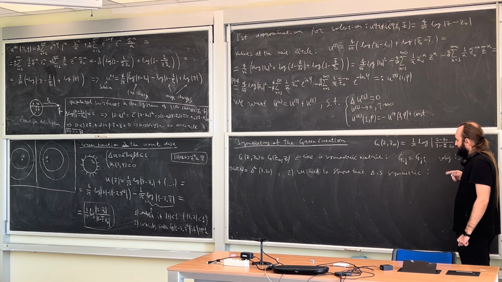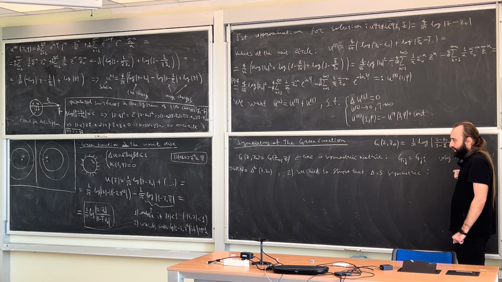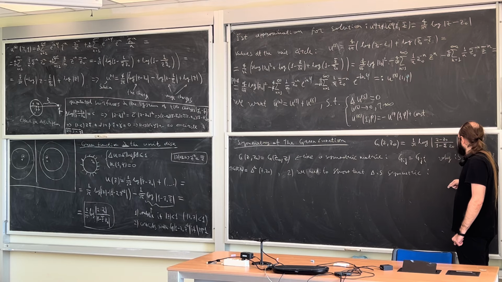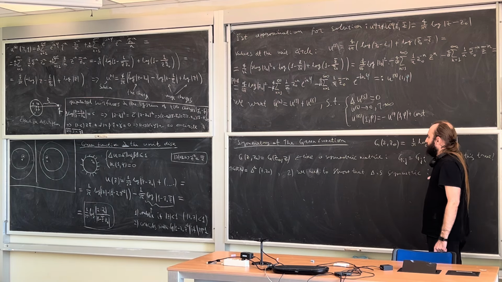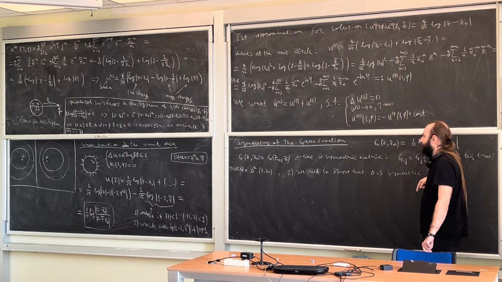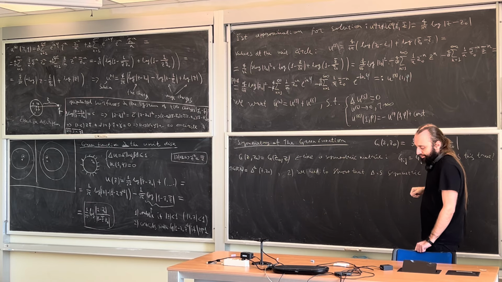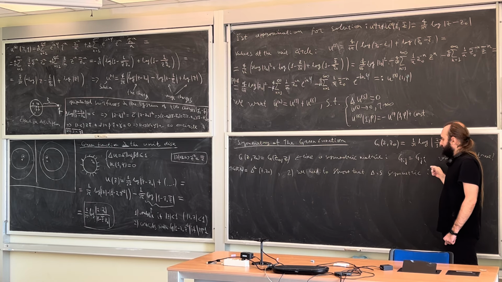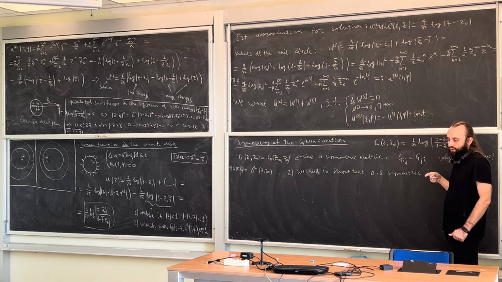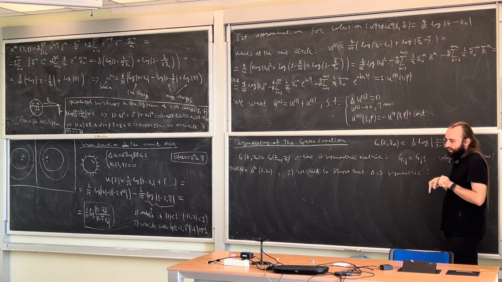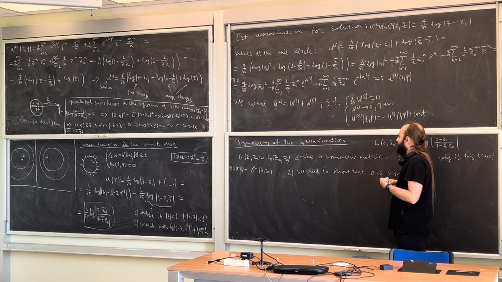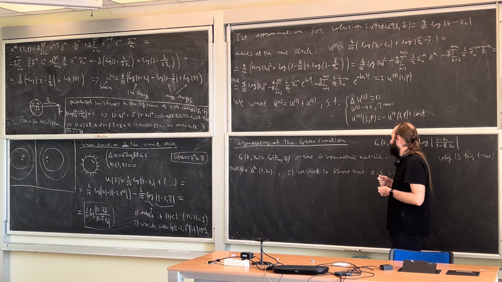What is the definition of a symmetric operator or symmetric matrix in a finite dimensional space? To define this, we need to have some scalar product, because if we don't have this, then our operator has a kind of one upper index and one lower index, because it acts from the space to itself, and there is no way to exchange these indices.